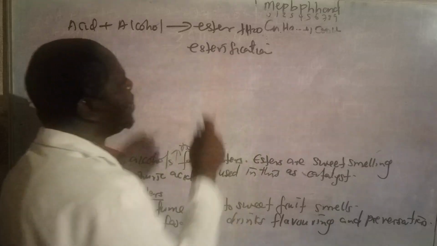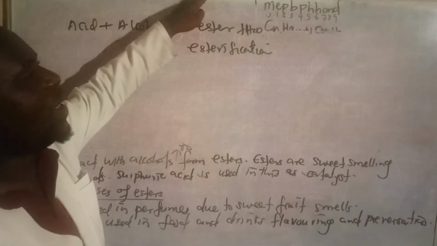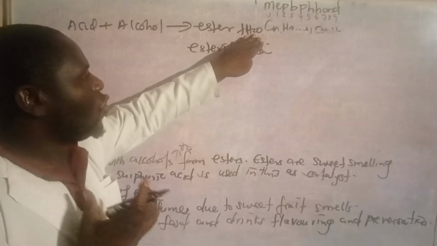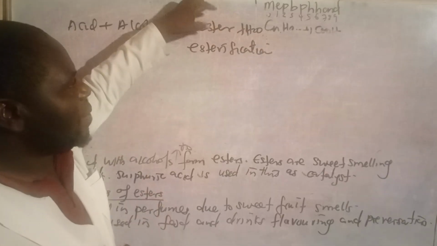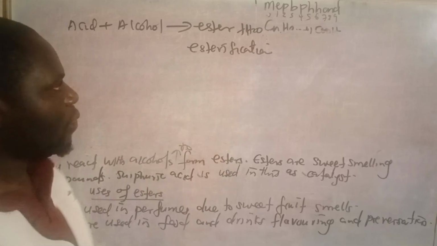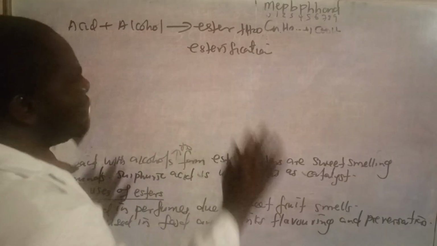So the major product is ester, and the minor product is water. So don't forget, sometimes they can ask you to identify the major product, which is ester, and the minor product, which is the water here. So this reaction we call esterification.